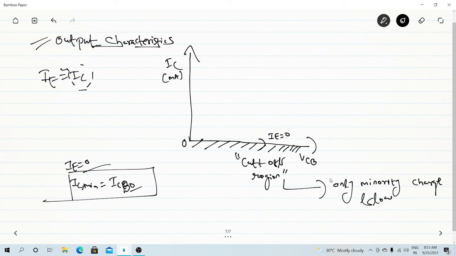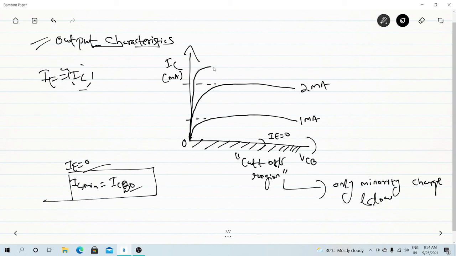This is the first thing, and as you increase IE, you can see IC will be there. Let's say IE is 1 milliampere, you get IC of exactly 1 milliampere. With 2 milliampere, we get 2 milliampere.